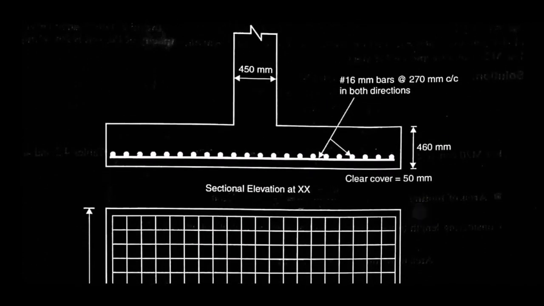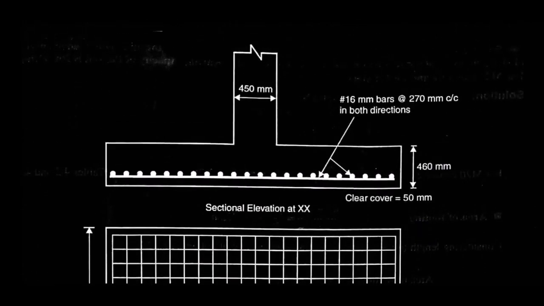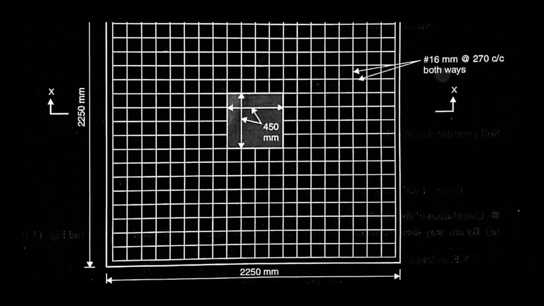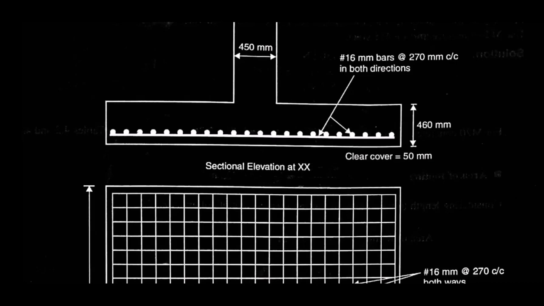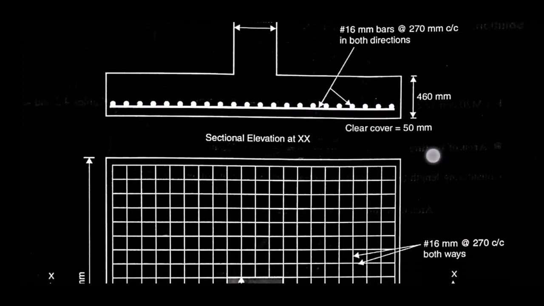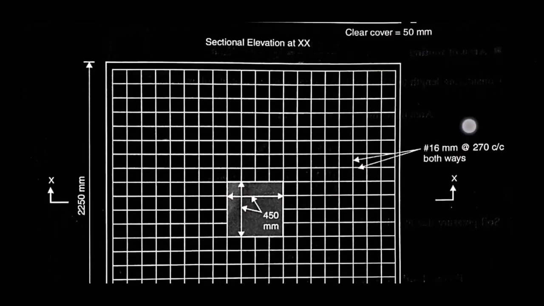So in elevation you can see the column is 450 mm and here is the footing, which is 2250 mm, and the depth is 460 mm, clear cover is 50 mm, and 16 mm dia bars at 270 mm center to center in both directions are provided, and the plan looks like this.